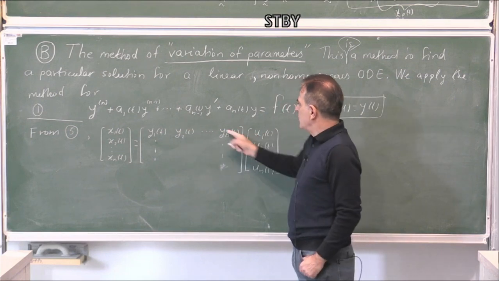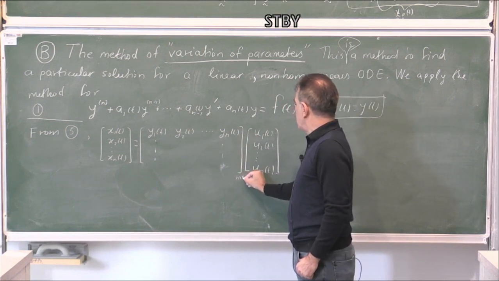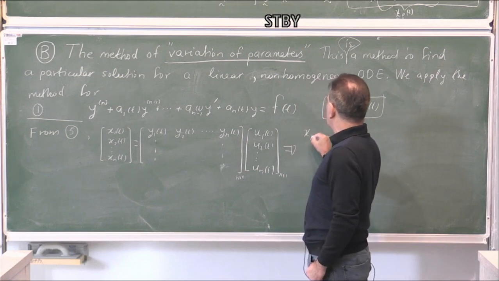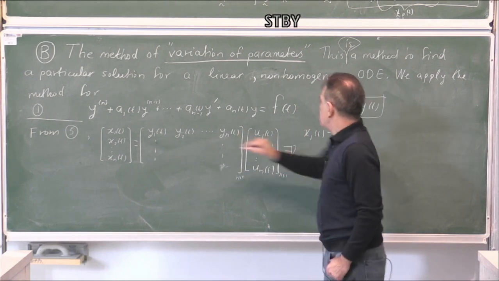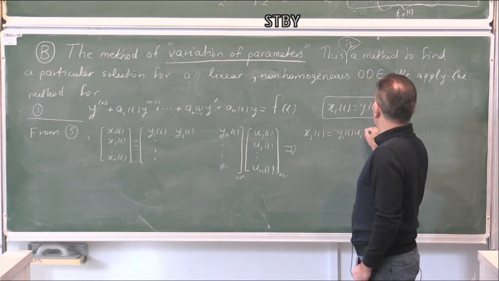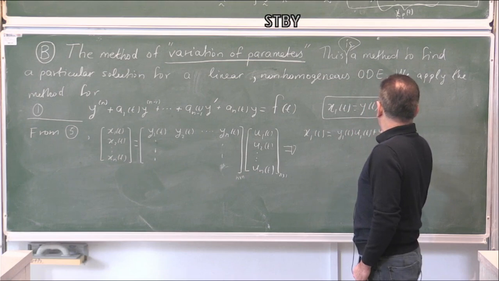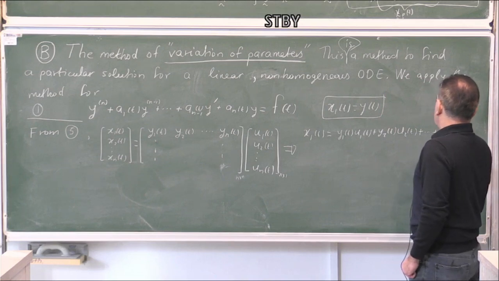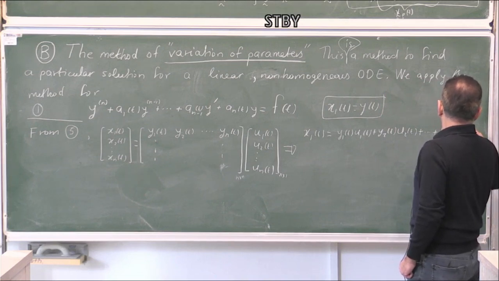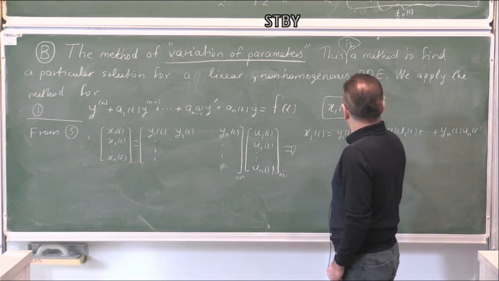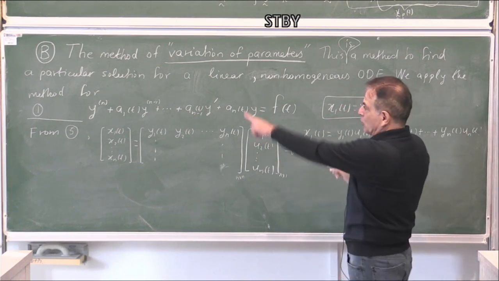Performing this matrix and vector product, x1 of t is y1 of t u1 plus y2 of t u2 plus yn of t un of t. And this x1 is nothing but y.